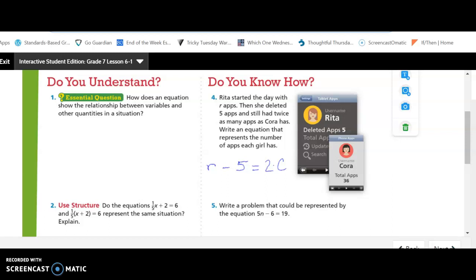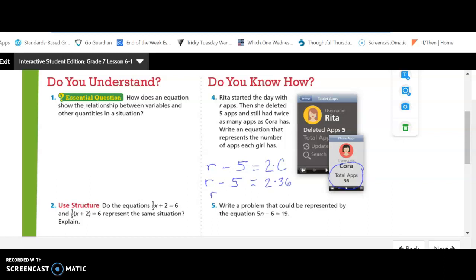So this would be one way to write the expression, but when we have 2 variables, it's really hard for us to solve that equation mathematically. So then we need to use our background and our extra information. And we can see in the image that Cora has 36 apps. So we can plug 36 in for C and simplify this equation a little bit.